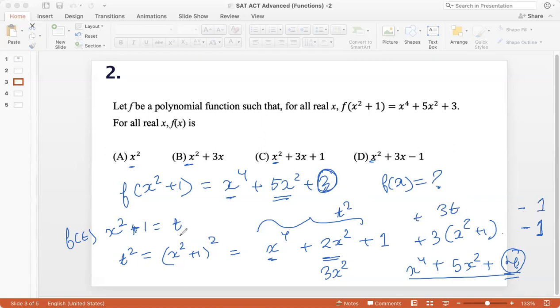Because when I worked with t, I got t squared. I had to add 3t to that to get 5x^2. And then I had to subtract 1 to make this 4 into 3. So if f(t) is t^2 + 3t - 1, then f(x) would be x^2 + 3x - 1. So the right answer is option D.